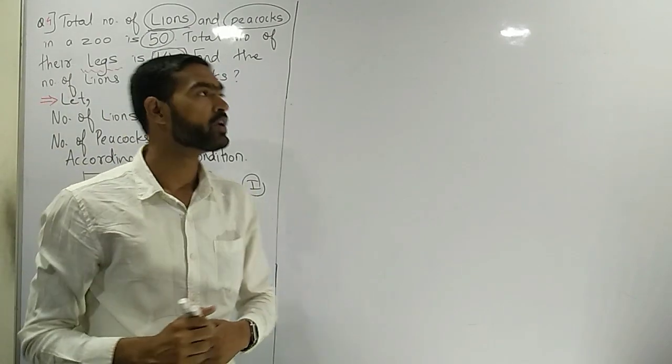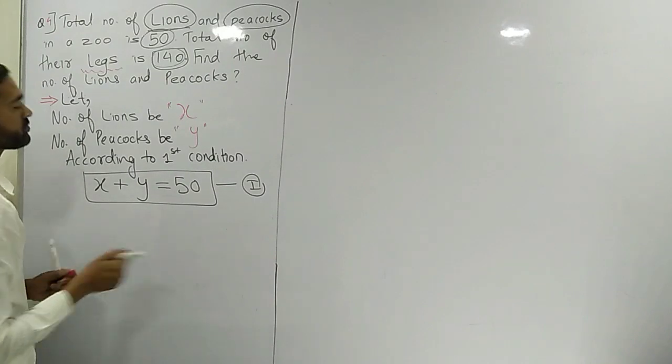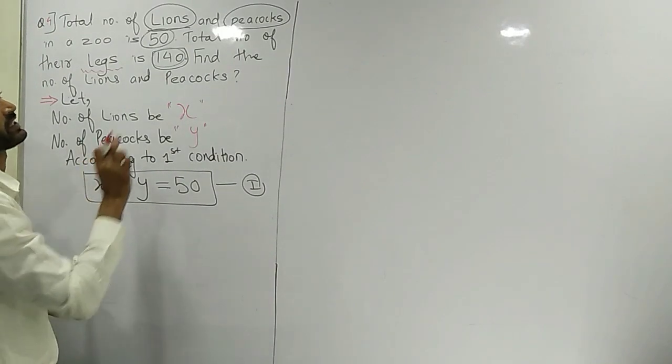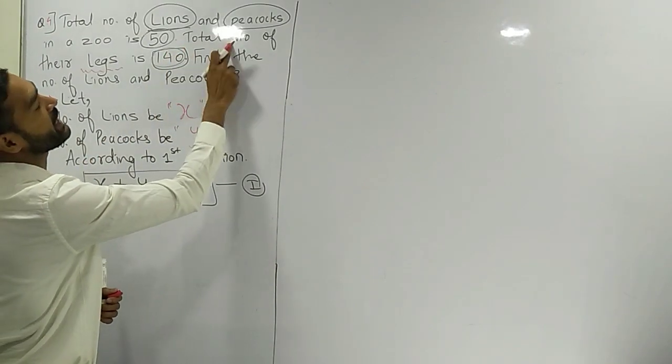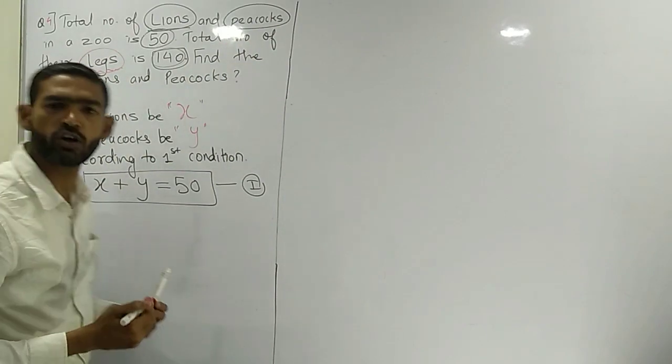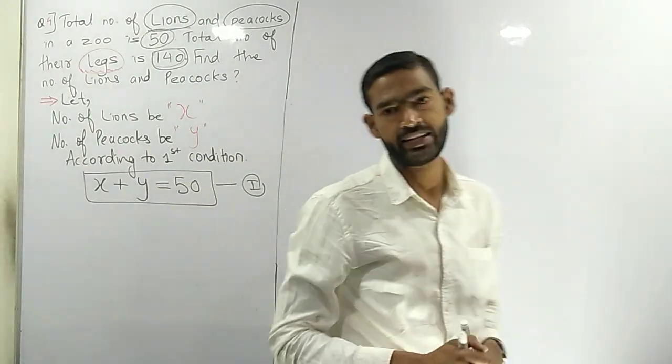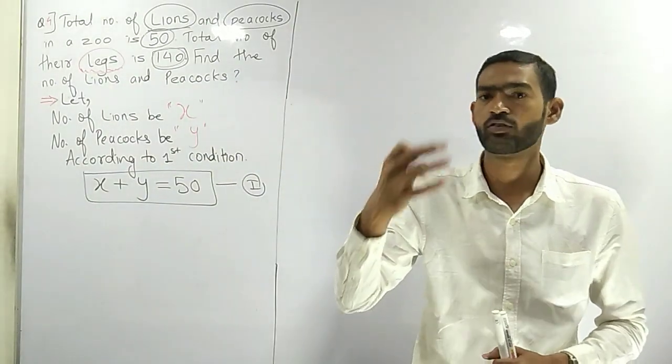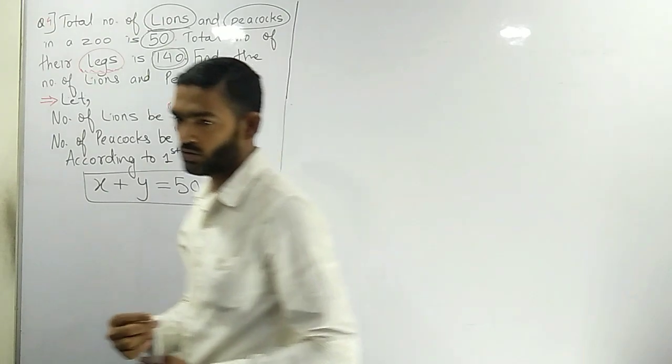Clear all? Now the next condition. Before moving towards the next condition, look, the total number of their legs. Now we are talking about legs. So we all know, one lion will have how many legs? 4 legs, right?